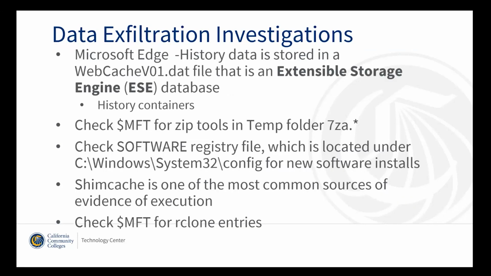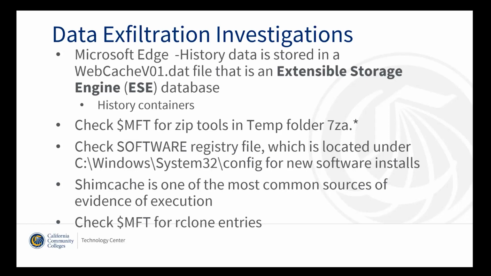Data exfiltration investigations. So Microsoft Edge history data is stored in the WebCache dat file, that's an extensible storage database. These are some things that you would want to check for during a data exfiltration investigation. Check the file table for zip tools.